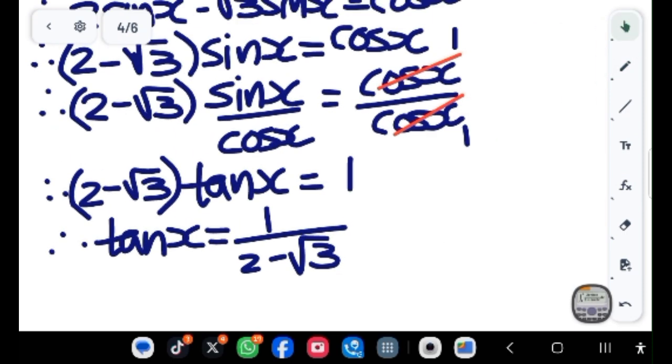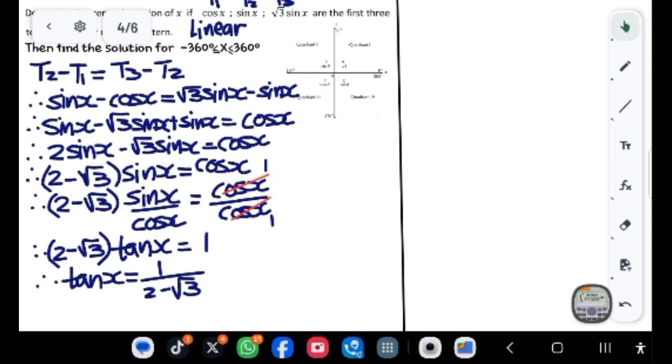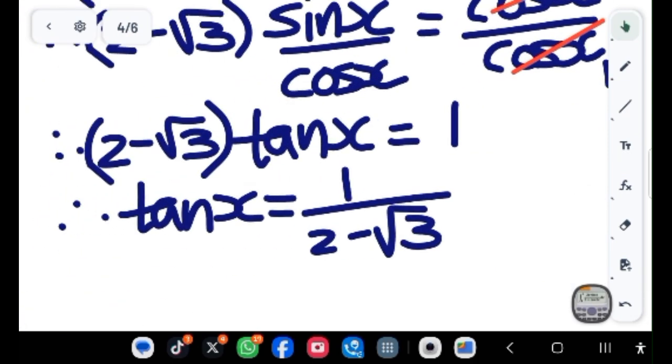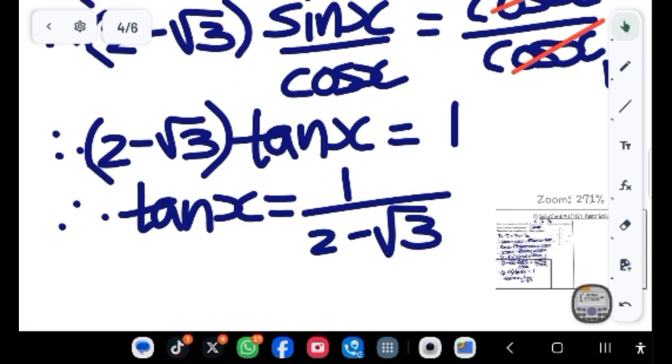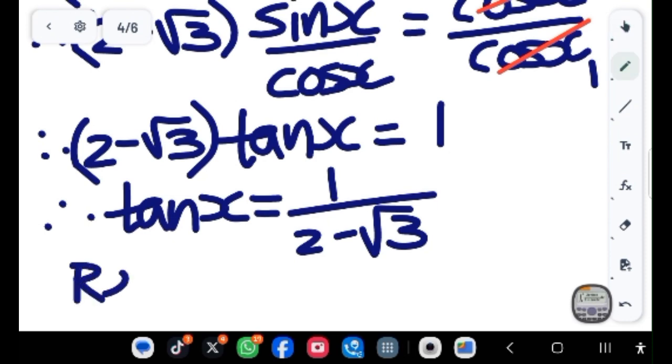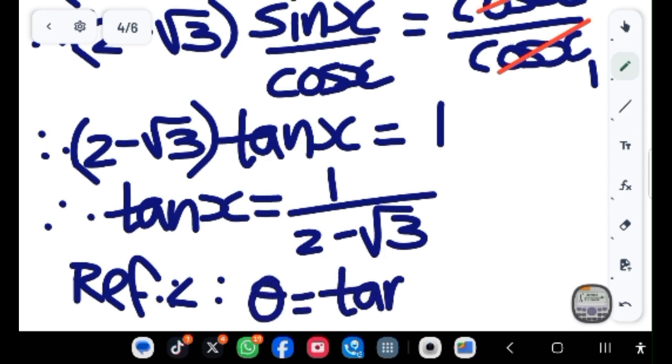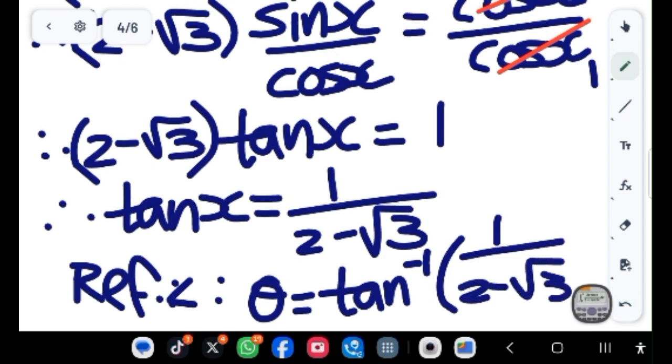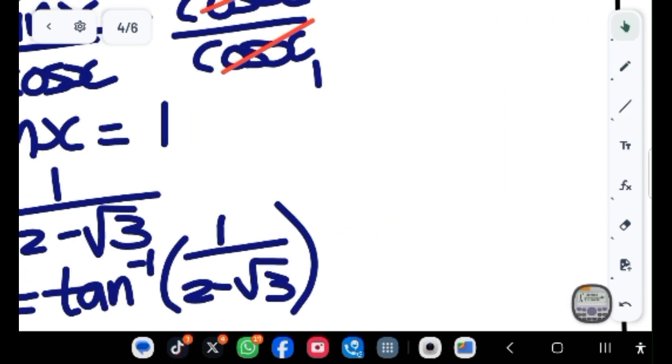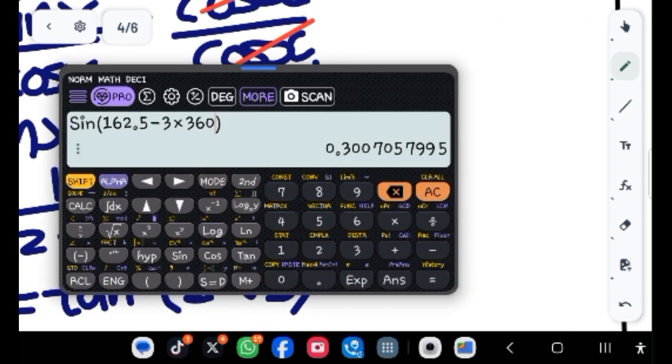Now that we have a single trigonometric ratio, we can go ahead and find the reference angle. So now the reference angle is theta equals tan to the minus 1 of 1 over 2 minus root 3, and that will give us a reference angle of, take out a calculator.